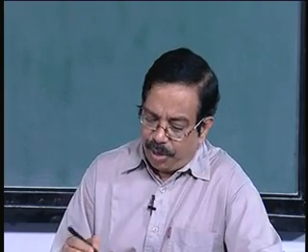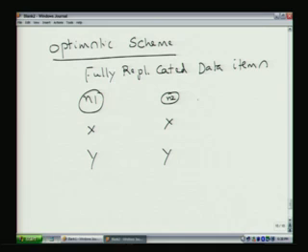Let us take a more detailed look and see what really happens in this case and how the transaction execution is going to proceed. Let us say I have a transaction T1 which started at, let us say, 10:20 with respect to its timestamp. It is trying to read x and write y.